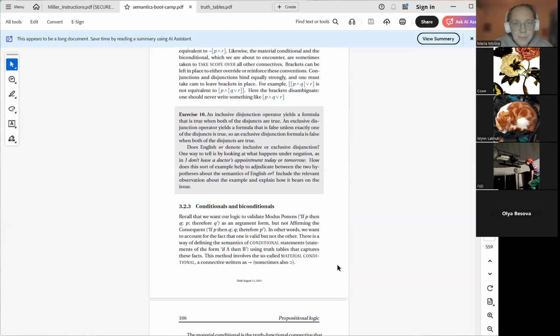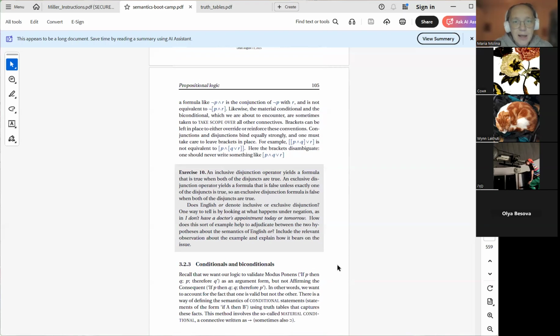Now, actually here we will have the terms inclusive disjunction and exclusive disjunction.